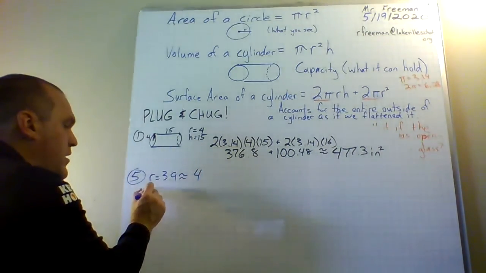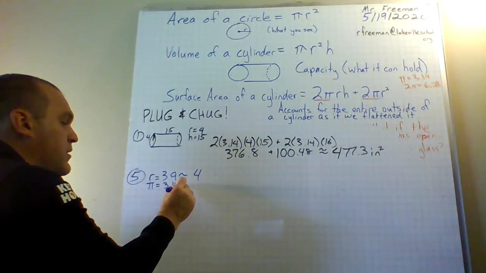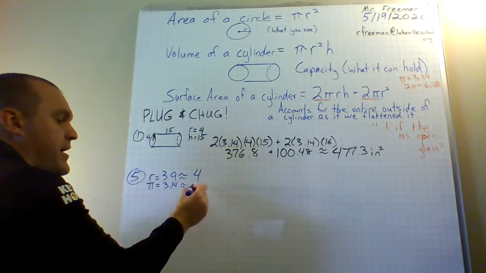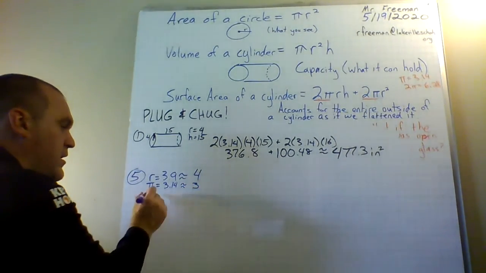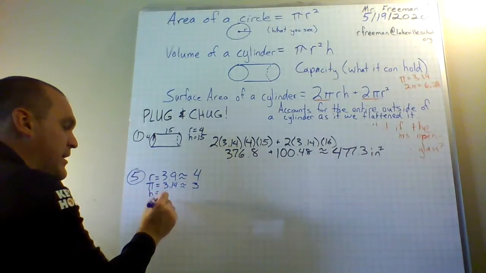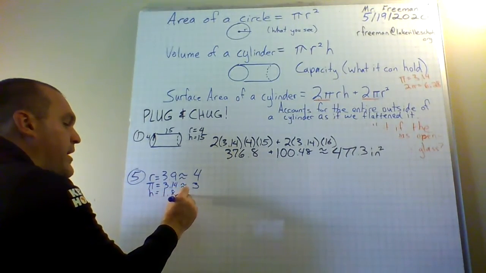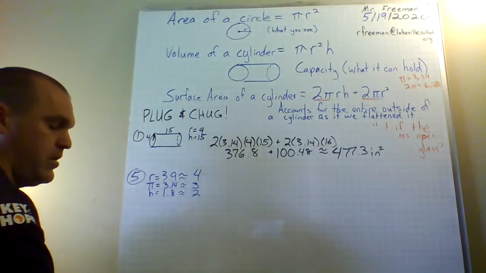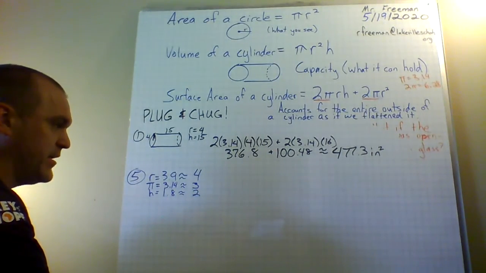And you should always know that pi is 3.14. If we're rounding, pi is darn close to just 3. And the height, they say, is 1.8. Well, 1.8 is darn close to 2. So really, these are the numbers that we get to use this time to make number 5 a lot easier.